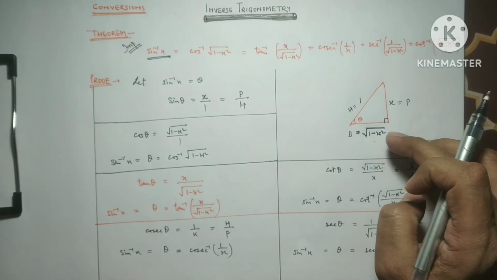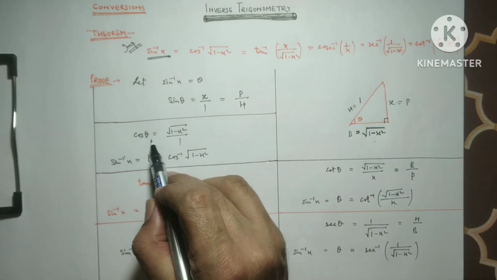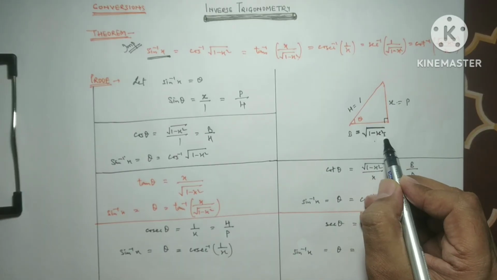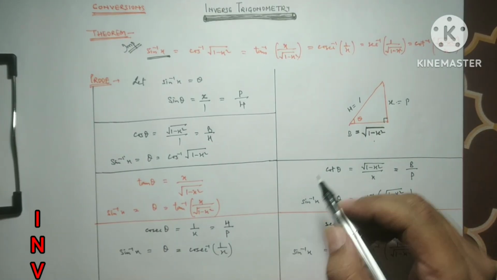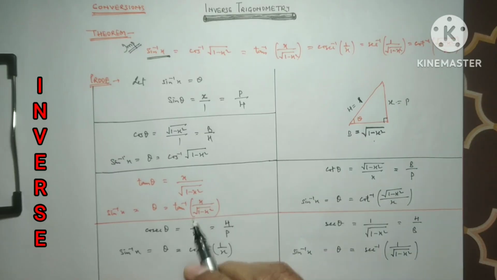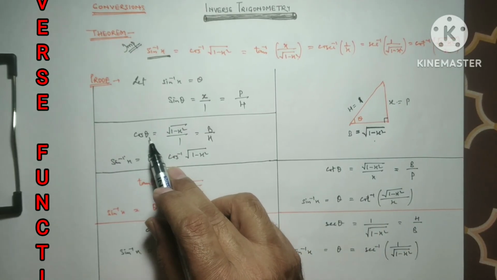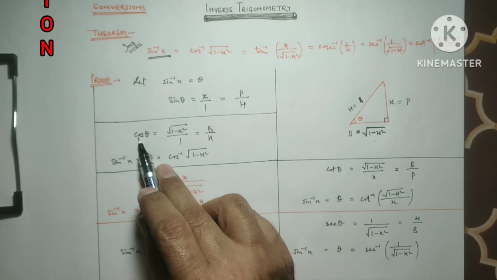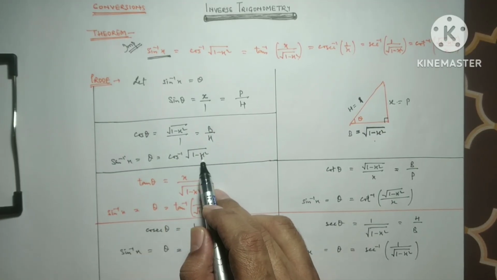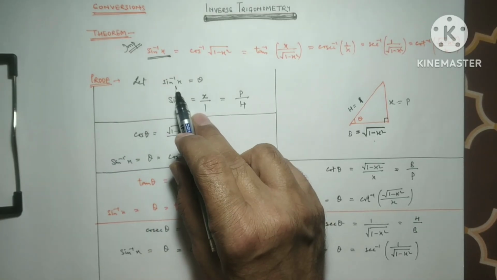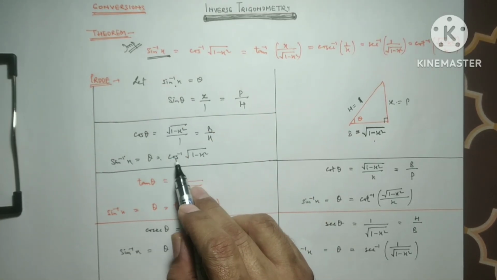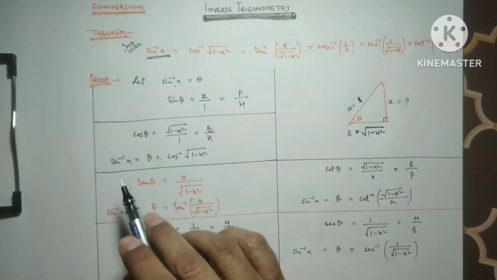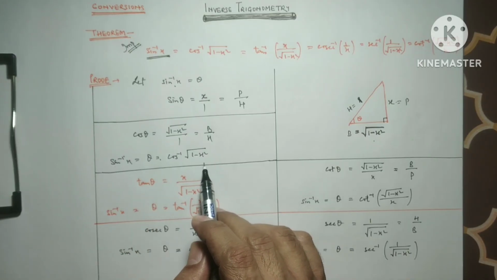So cos theta is base over hypotenuse, which is b over h, and we have the value of base is under root 1 minus x square and hypotenuse as 1, right? So we put it here, cos theta equals to under root 1 minus x square over 1. It means theta equals to cos inverse of this. And what is theta? Theta is sine inverse x. So sine inverse x equals to, in terms of cos inverse, under root 1 minus x square.